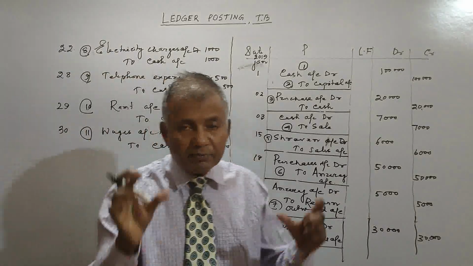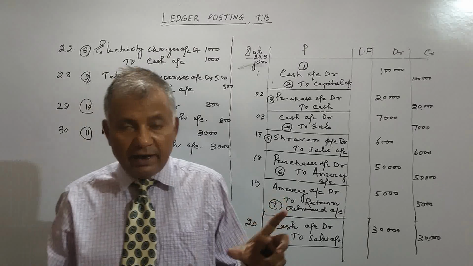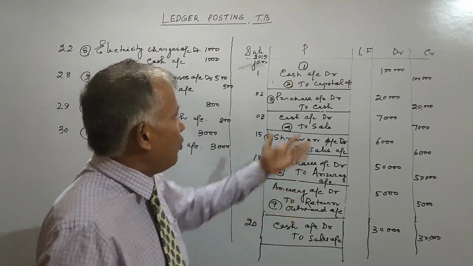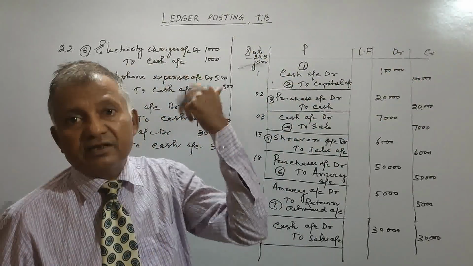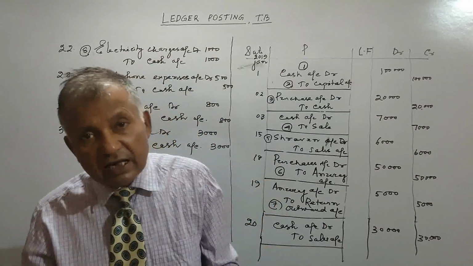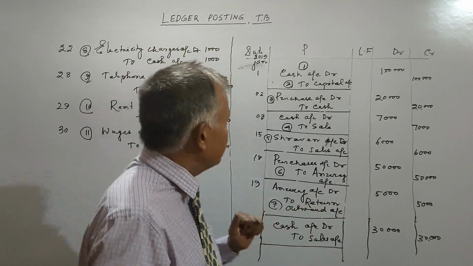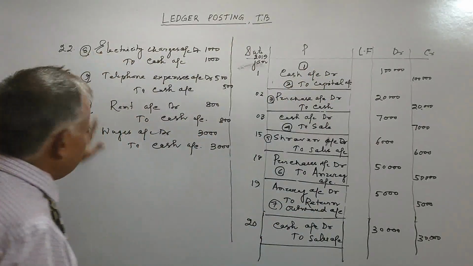So friends, we have to open the 11 accounts, and in the journal entry you will see one account is debit, the other account is credit. Right? So therefore we will go for the 11 accounts.